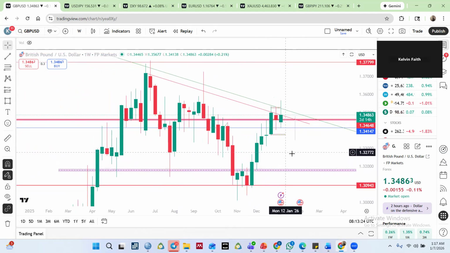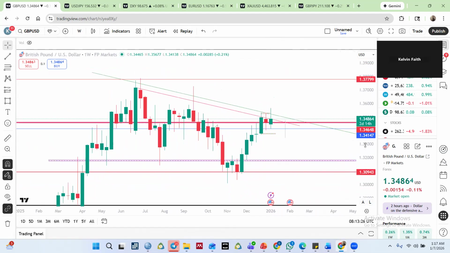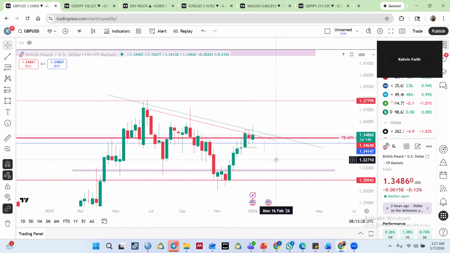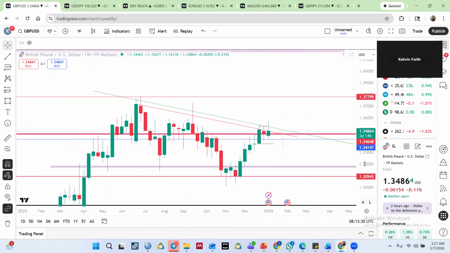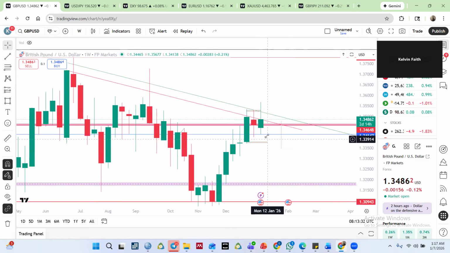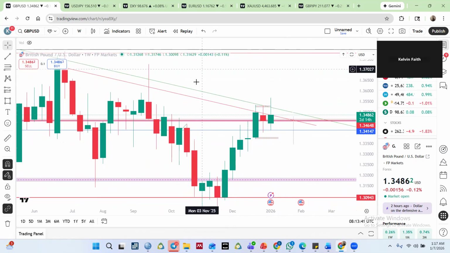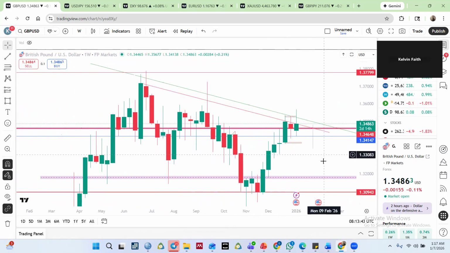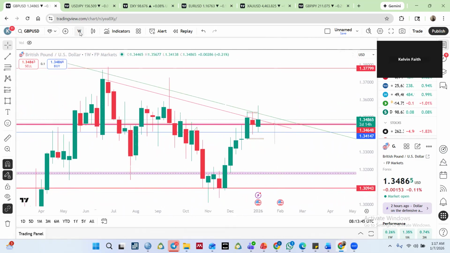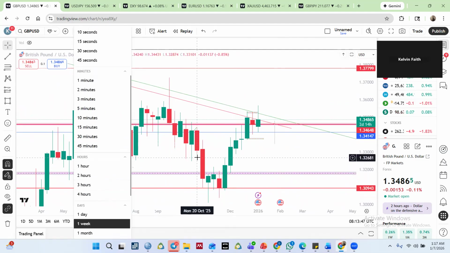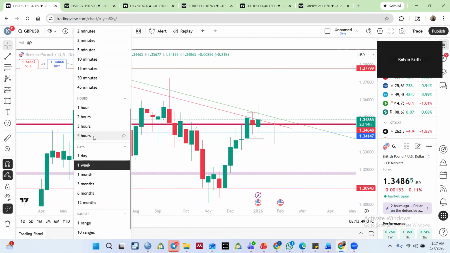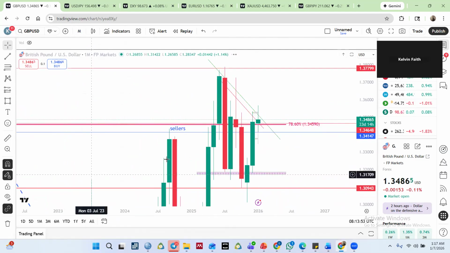That's one possibility. The other thing is it might also want to drop down to take this low out and just reject back up. As we know, today is the 7th. We're just 7 days into this month, so there's still a lot of activity for this candle to give.